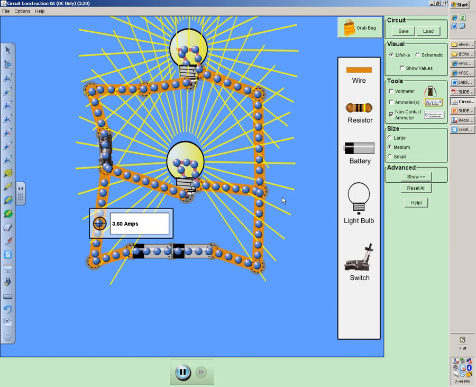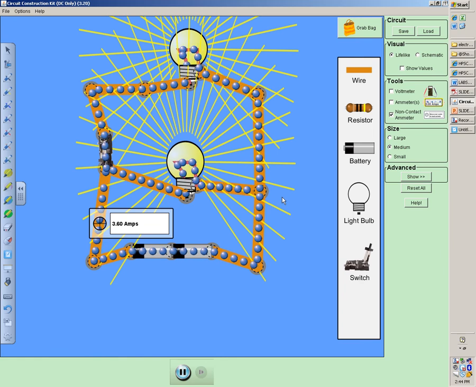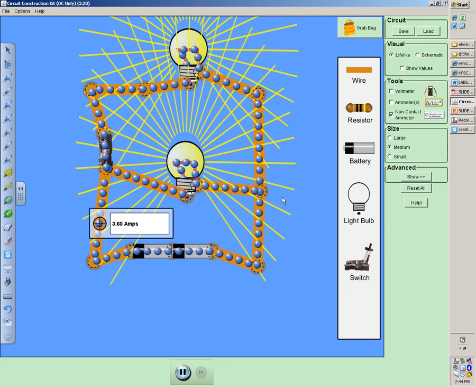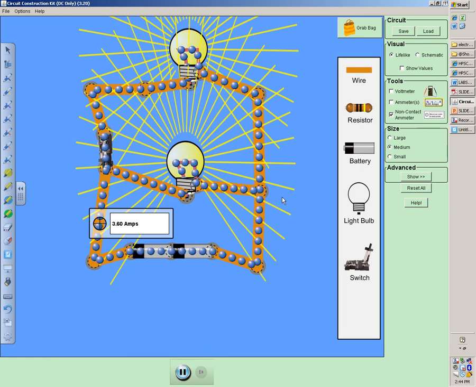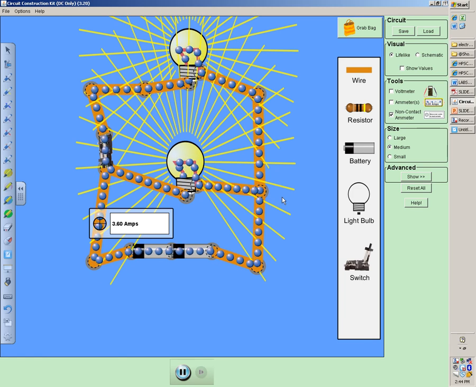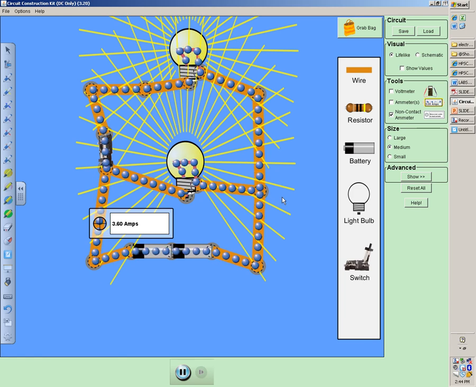But if we look at this light bulb and this light bulb, what are we seeing about how bright they are? They're pretty bright, but in relation to each other, they're exactly the same brightness because each path provides the electrons with a way to get from one side of the battery back to the other side of the battery.